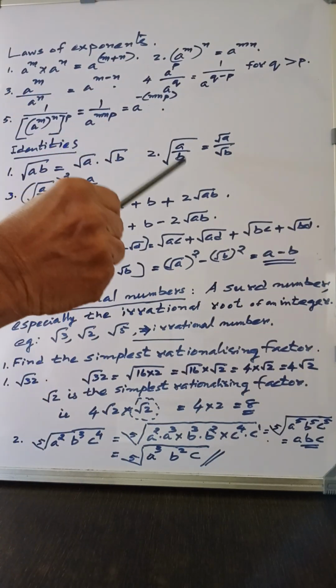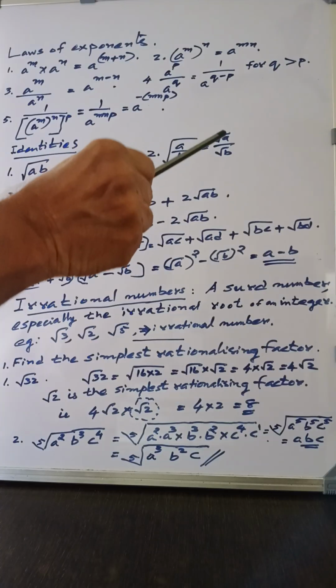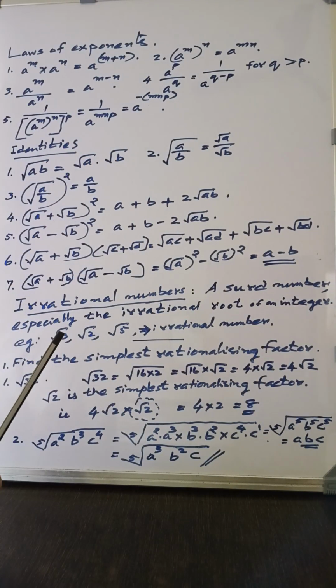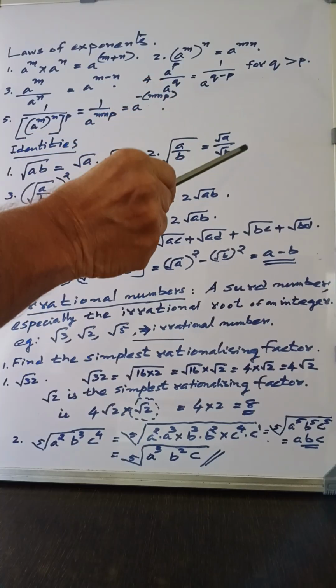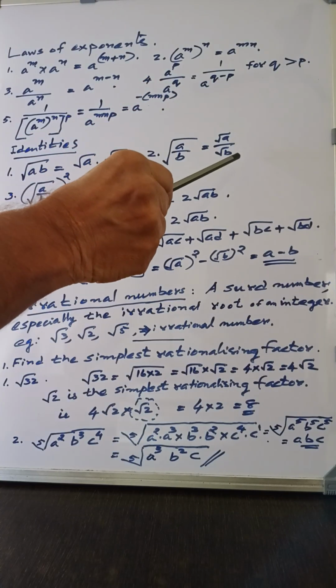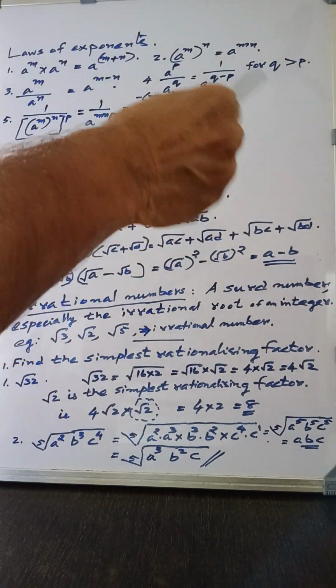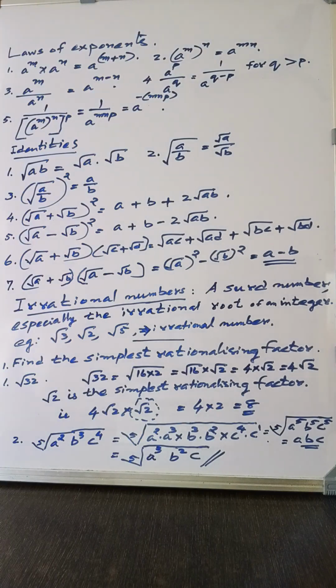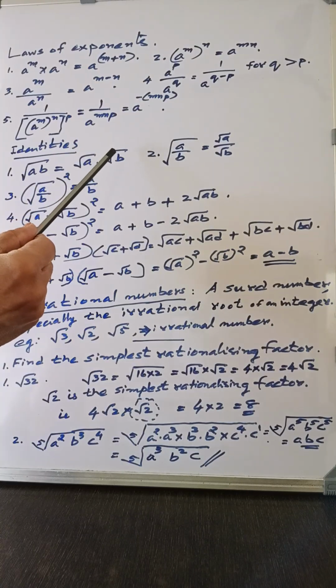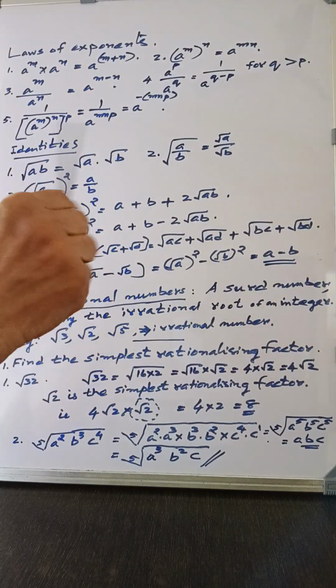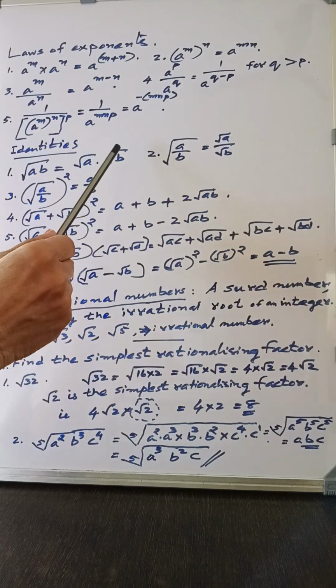Root of A by B equals root A by root B. In exponential form, this becomes A raised to 1 by 2 by B raised to 1 by 2, that is (A by B) the whole raised to 1 by 2. This also is A raised to 1 by 2 into B raised to 1 by 2, that is (AB) the whole raised to 1 by 2.